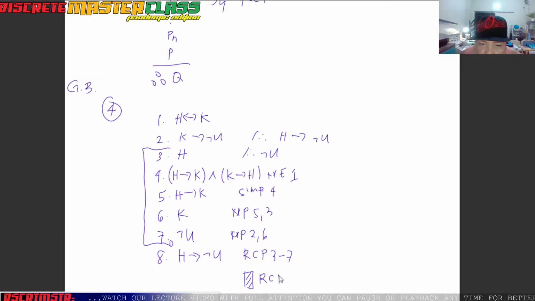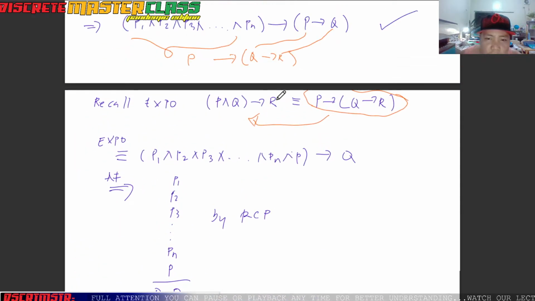And you will write by RCP. And that is valid. Okay? That's how to use RCP. Okay, now, isang example is enough to explain everything. Again, proseso lang ang binago dito. Binibigyan ka ng technique na kapag napansin mo daw na ang conclusion ng argument ay implication, you can always include the premise of the conclusion inside the premises of the argument.